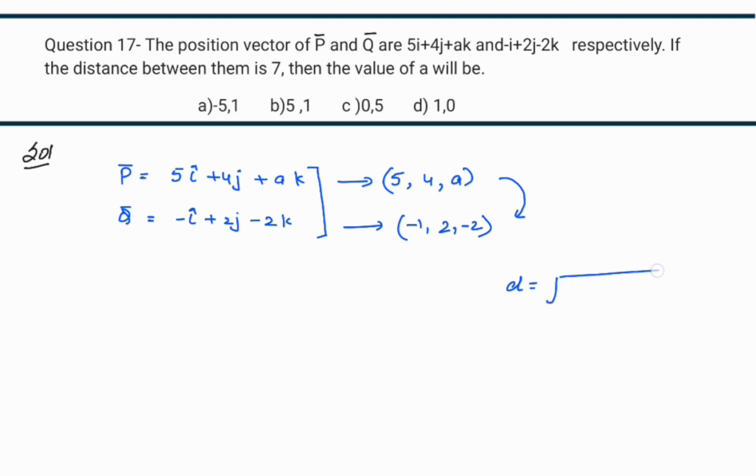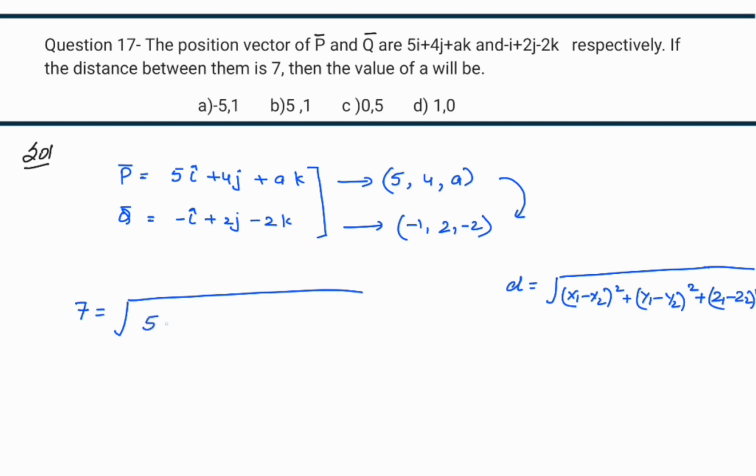The distance between 2 points is given as the square root of (x1 minus x2) square plus (y1 minus y2) square plus (z1 minus z2) square. This is the formula to calculate the distance between 2 points. Here it is given that the distance between the 2 points is 7. So 7 will be equal to the square root of (5 minus minus 1, means plus 1) square plus (4 minus 2) square plus (A minus minus 2, means A plus 2) square.